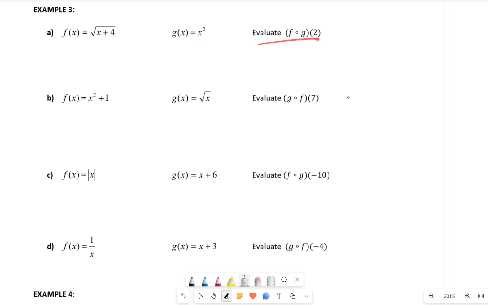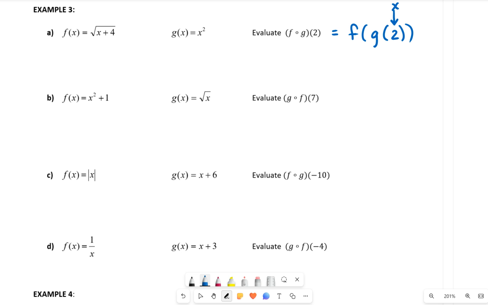We are going to evaluate f composition g of 2. Here's a slight difference. We still abide by the rule of rewriting it as f of g of 2. So notice here, our x is being replaced by the number 2.